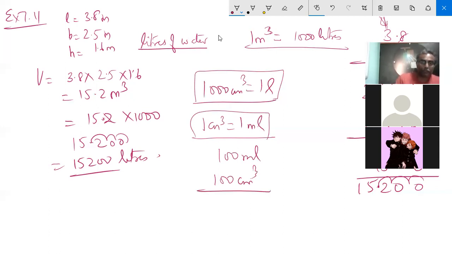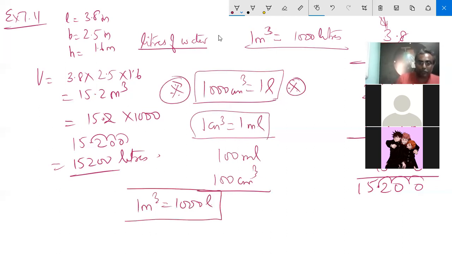The most important things are these: 1000 centimeter cubed is equal to 1 liter and 1 meter cubed is equal to 1000 liters. These are the two most important things you have to remember. Okay, this also let us post in your WhatsApp.